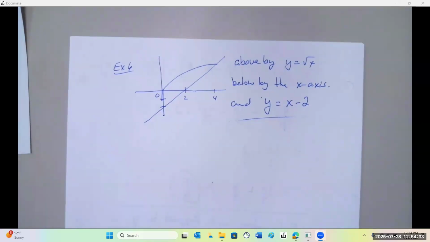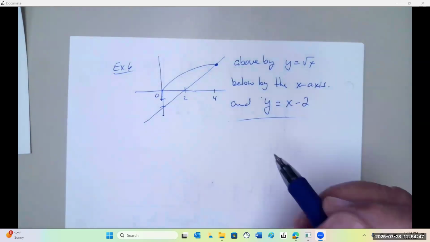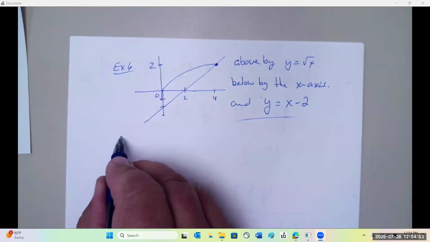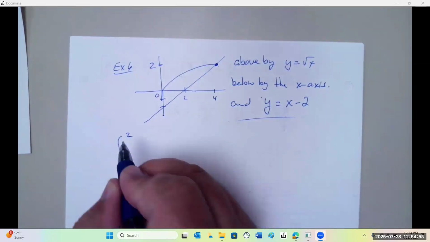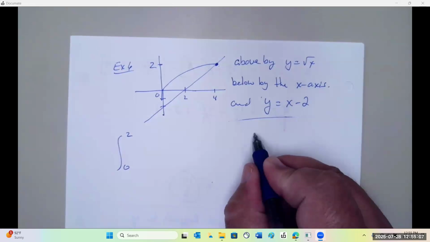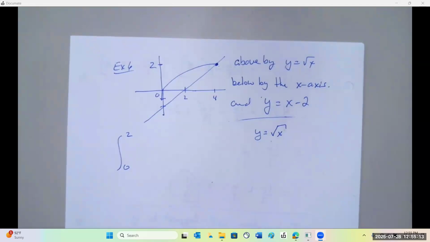That's what we had in number 6. Now we have to change directions. Here, when x is 4, what's y? 2. So our bounds of integration are from 0 to 2. We have to change our equations. Solve for x.